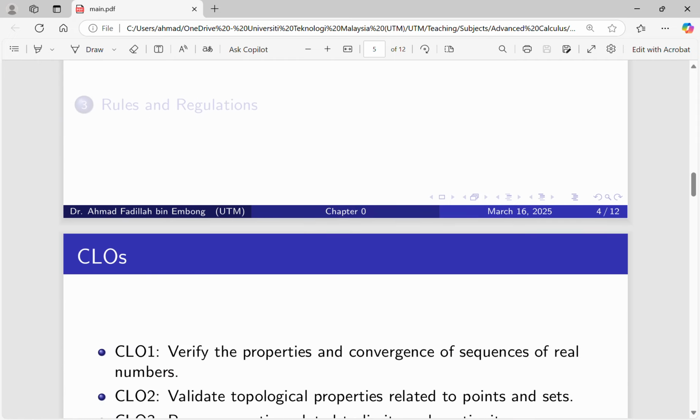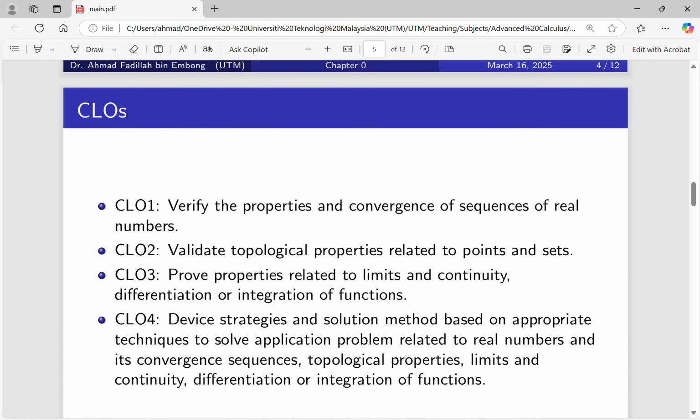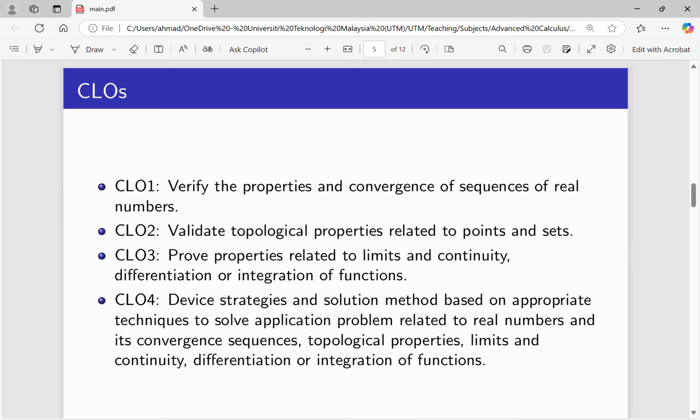So let us see what we are going to learn throughout this semester for advanced calculus. First, we are going to look at the properties and convergence of sequences of real numbers. We are going to look at the construction of real numbers, and also how we can define in a rigorous manner the limits of sequences.